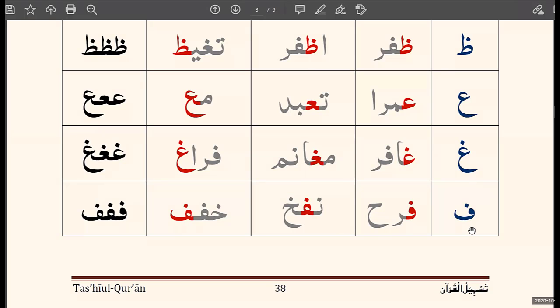Okay, next line. Fa, Ra, Kha, Nun, Fa, Kha, Kha, Fa. Oh, there is no Fa. I think I am just getting confused.